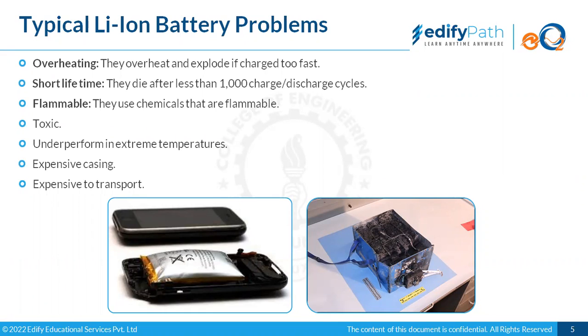Expensive to transport. What happens normally when you are transporting lead acid batteries? You must have seen that they are normally put into corrugated boxes, with a small pad below them that takes care of the shock, and they could be stacked one over the other. Stacking is a major issue in the case of lithium ion batteries. It is very strictly restricted that there should not be stacking.